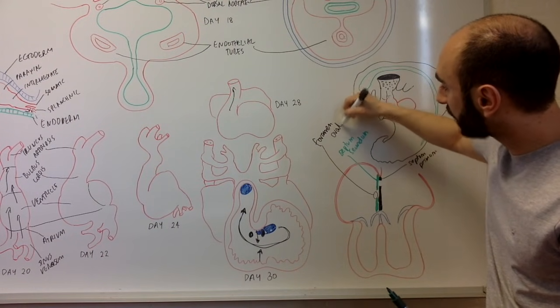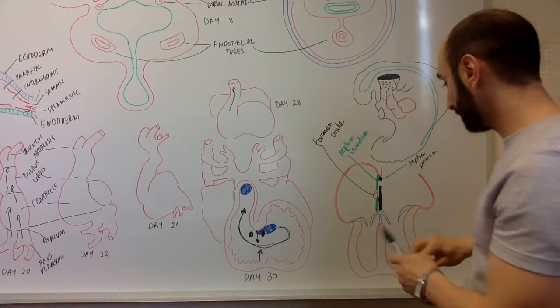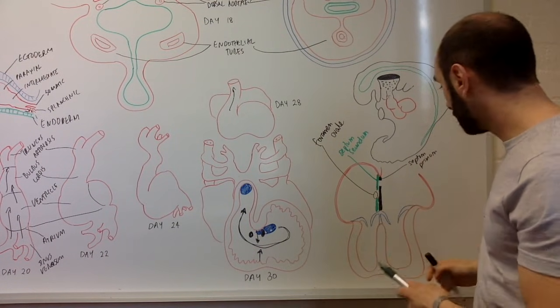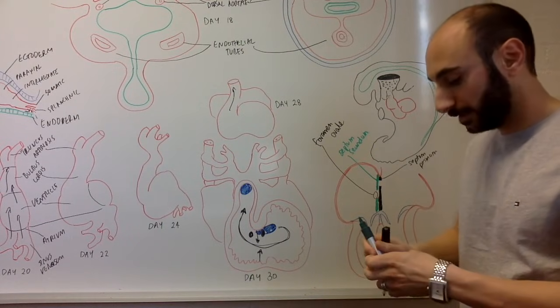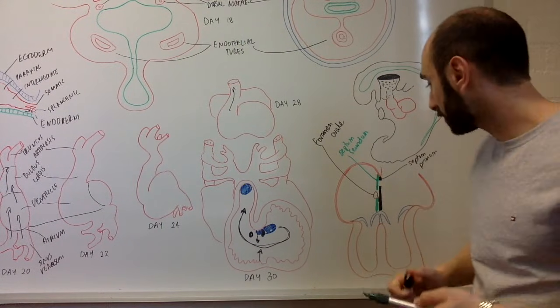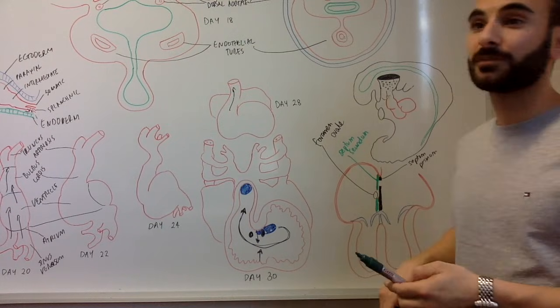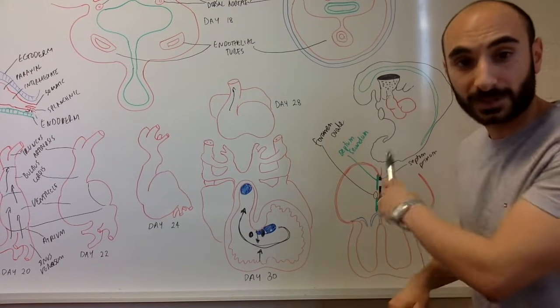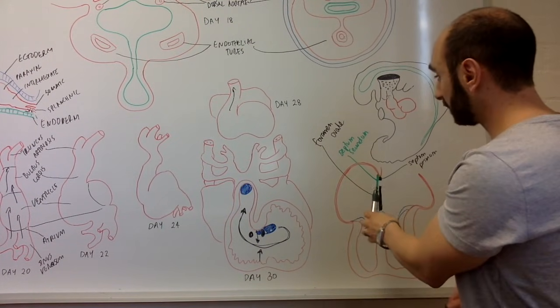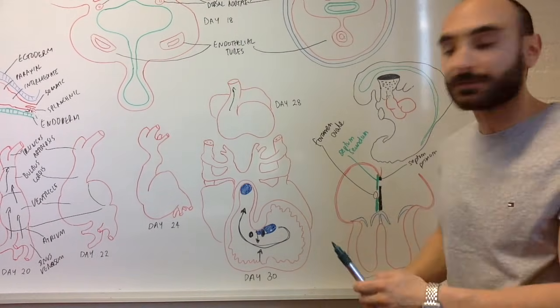And it's very important to understand this because defects in this can contribute to tetralogies of the heart, such as the tetralogy of Fallot. For example, the disruption in the foramen ovale is one component of that.